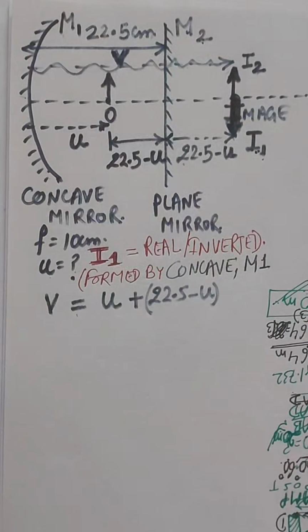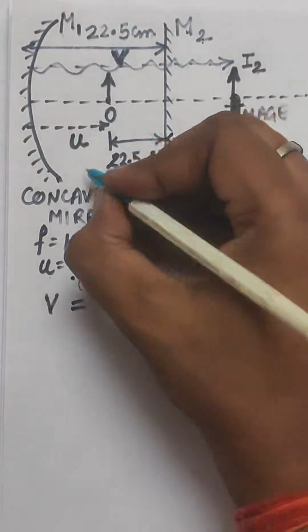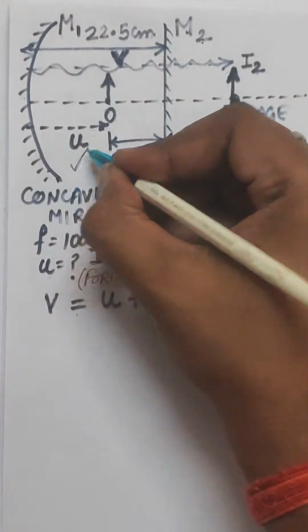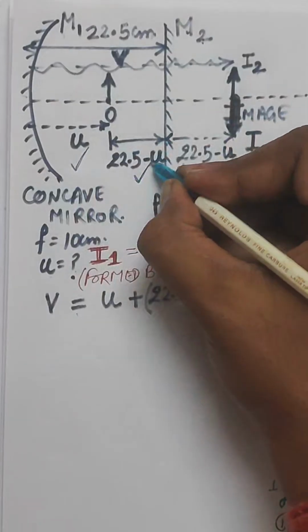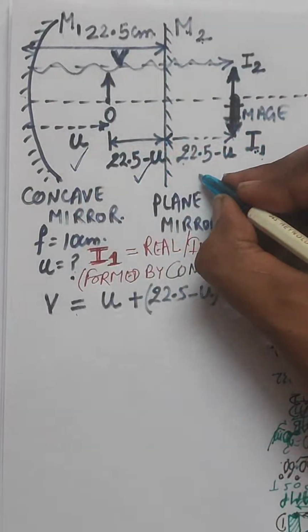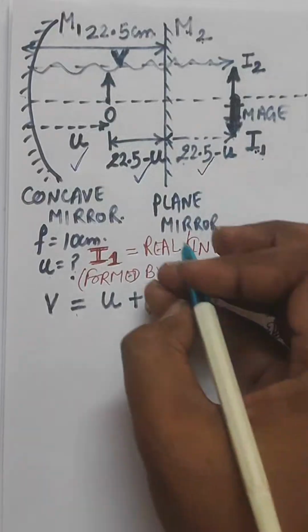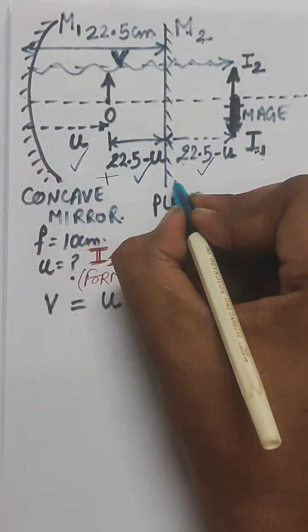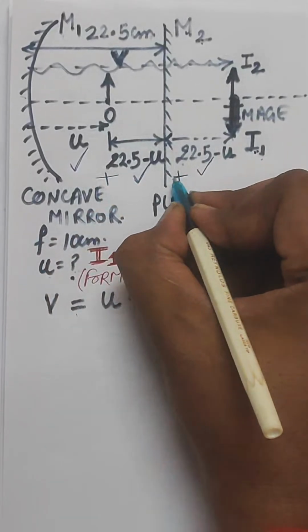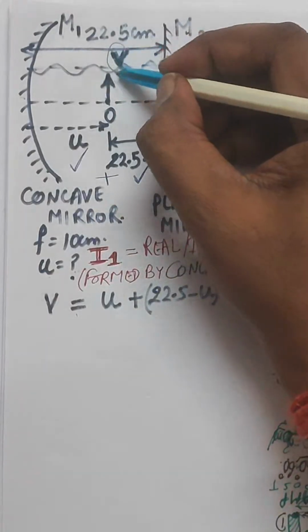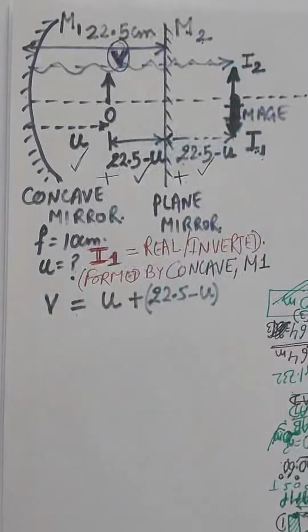So these three sections will be added: this u, this 22.5 minus u, and this 22.5 minus u, and all this will add to form this v, right?